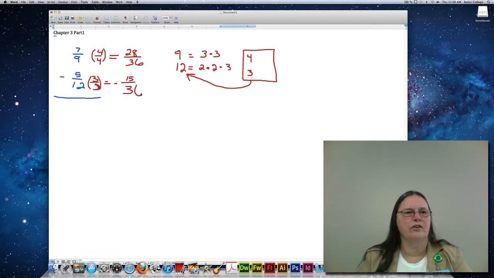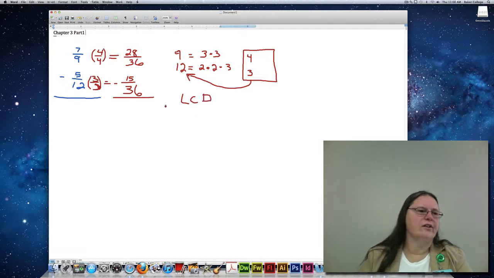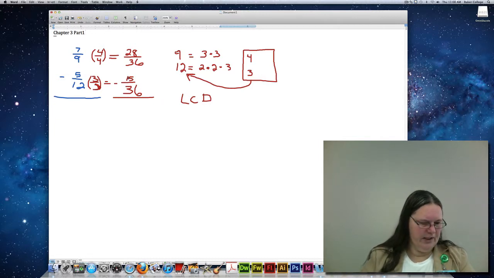Now the target was to get the lowest common denominator for both of them. So this is called the LCD, okay? And it's called the least common multiple when we're just looking at whole numbers. So here we have 28 subtract 15, and we end up with 13 things left out of 36 things. Now, the 28 is larger than 15, so this is a positive end result.